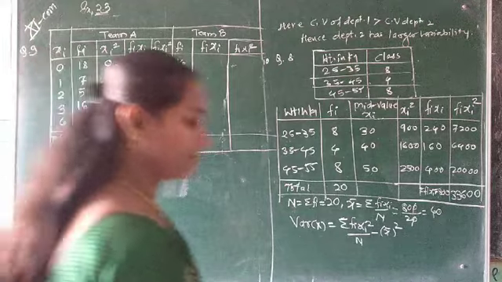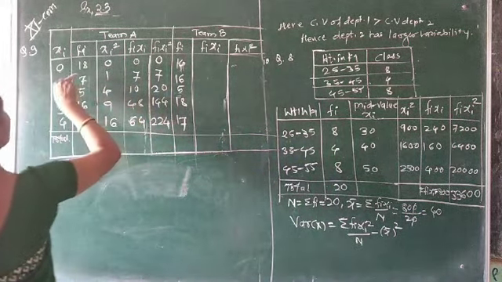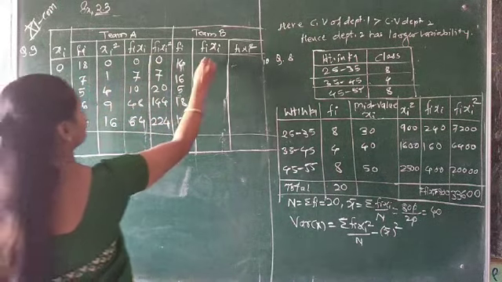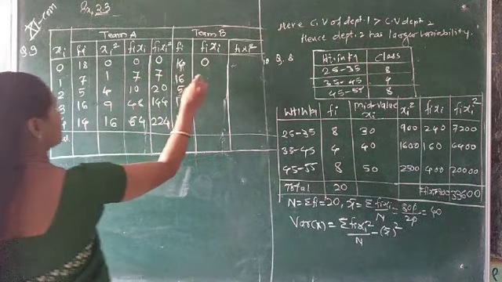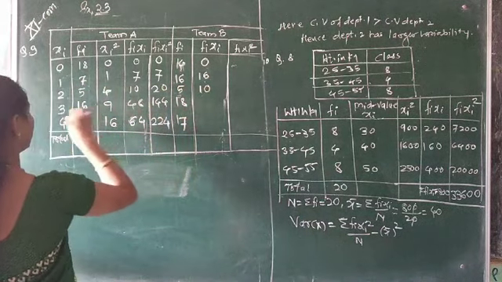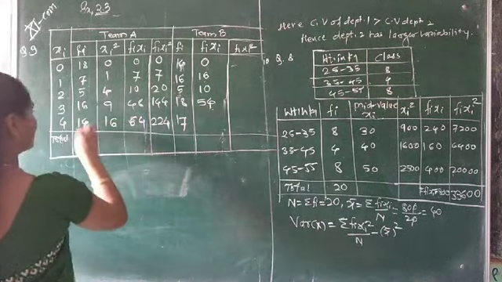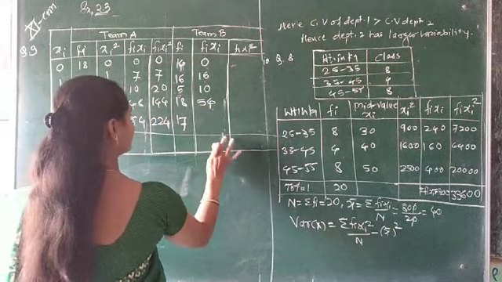Now next one is fi xi for team B. Xi and this is fi, again it is 0, 16. Next 5 2s are 10, 18 3s are 54, next 17 4s are 68.